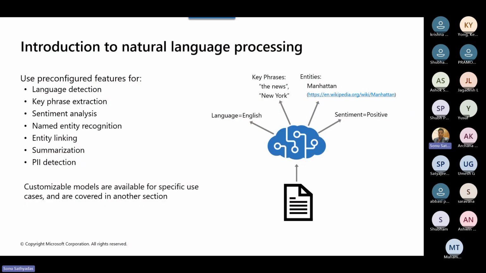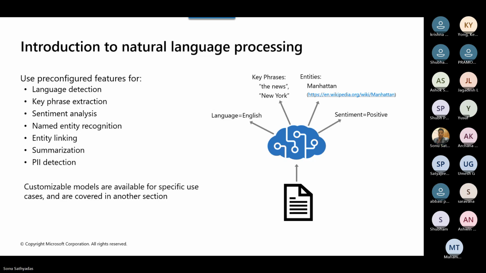So the text analysis service provides language detection, key phrase extraction, sentiment analysis, named entity recognition, entity linking, summarization, and PII detection, that is personally identifiable information detection.